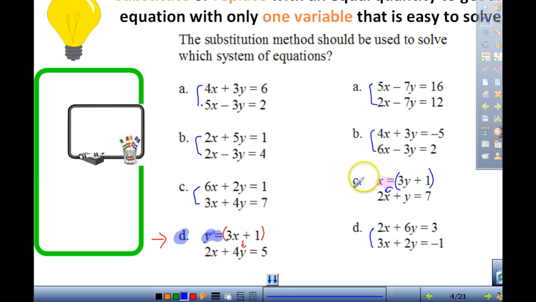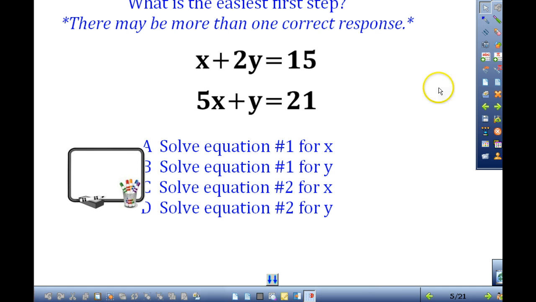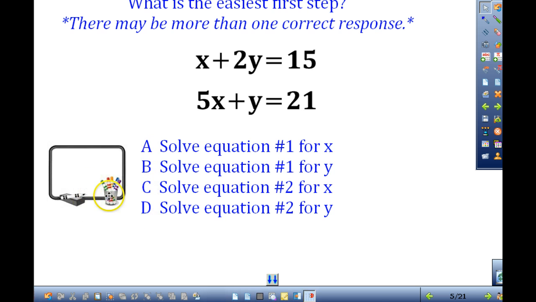But for now, we're saying, well, what if we have one of them that's equal to a variable, or it's really easy to solve one of them equal to a variable? How can we solve it? Okay. So take this. Which one of these equations would be easy to solve for a variable and get it by itself?